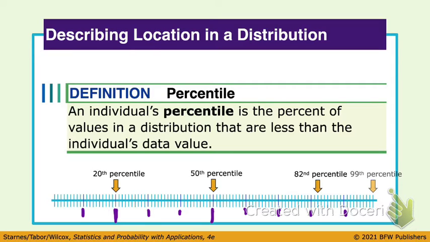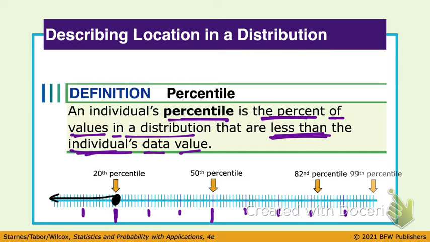So what is a percentile? A percentile is the percent of values in a distribution that are less than the individual's data value. So if I have somebody right here in the distribution, they would be at the 20th percentile, meaning that there's 20% of the data less than their value.